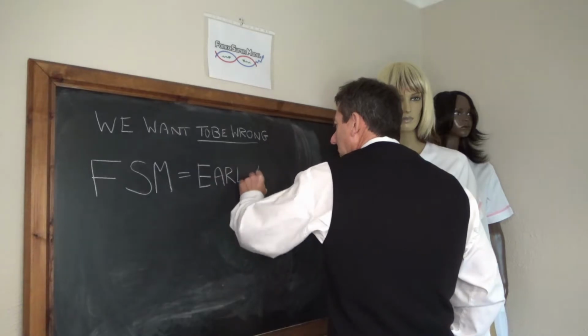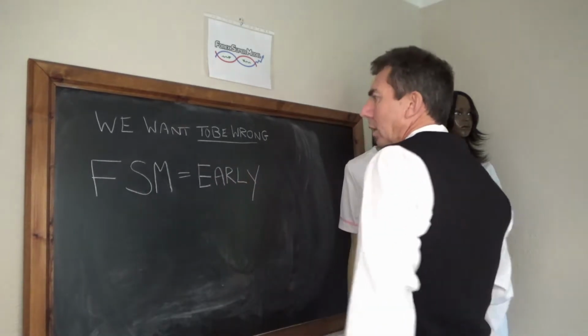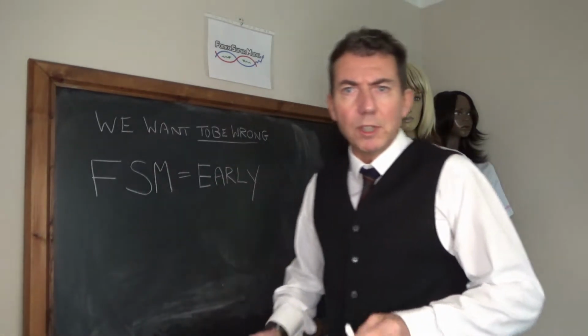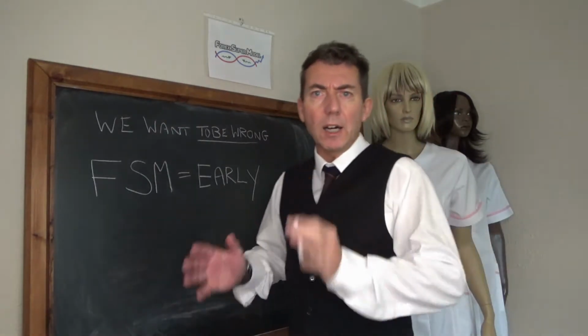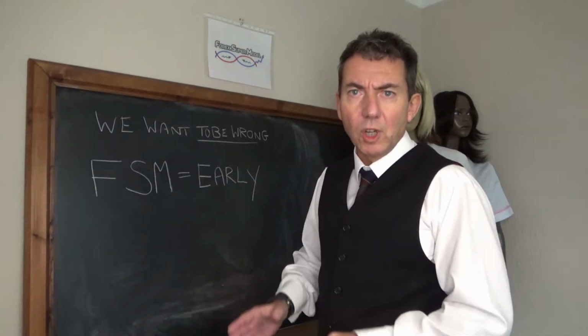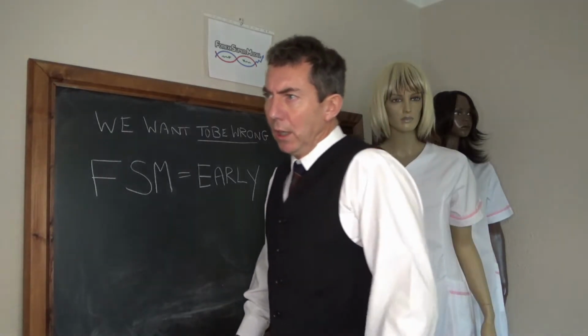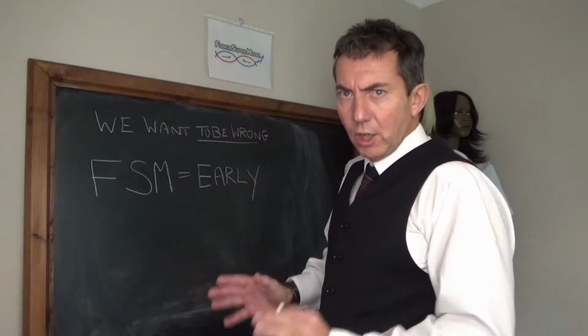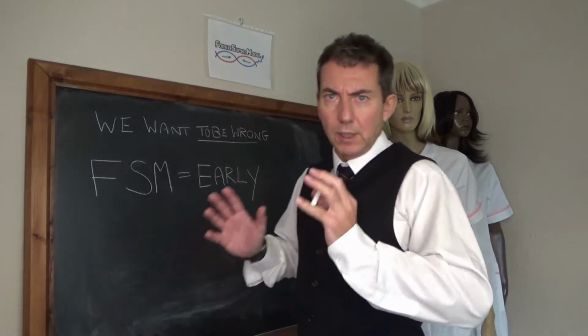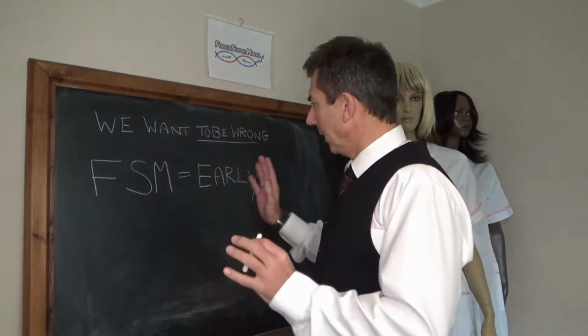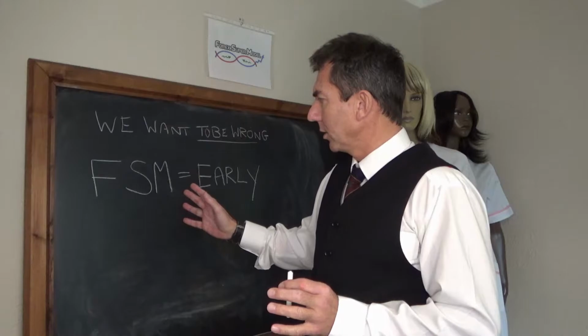Now the Forex Super Model has many attributes, but its main attribute is that it highlights complex flows early. Now, as a trader, highlighting things early has importance. So this is where we're going to start then.